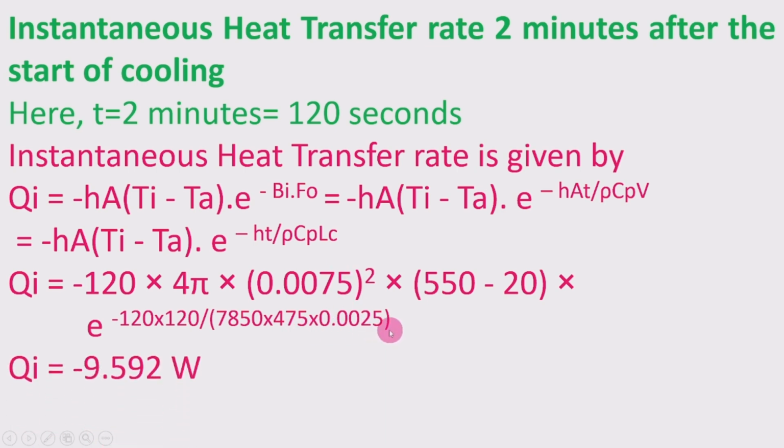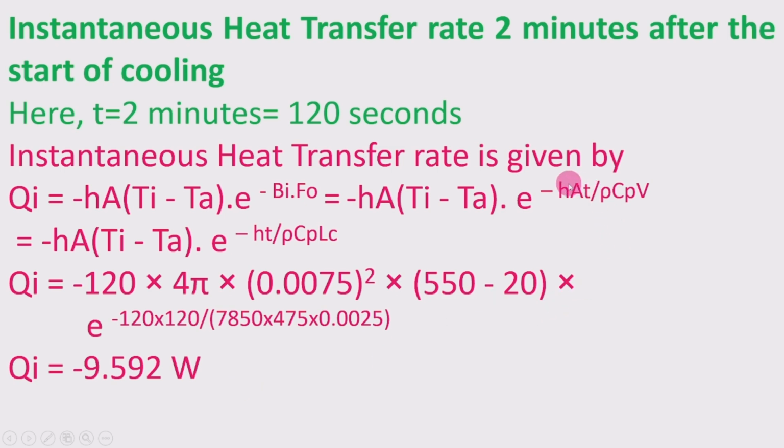After the calculation, we get Qi as minus 9.592 watts. Here, the time required for cooling from 550 to 90 degrees Celsius we got as 157 point something, and Qi is minus 9.592 watts.